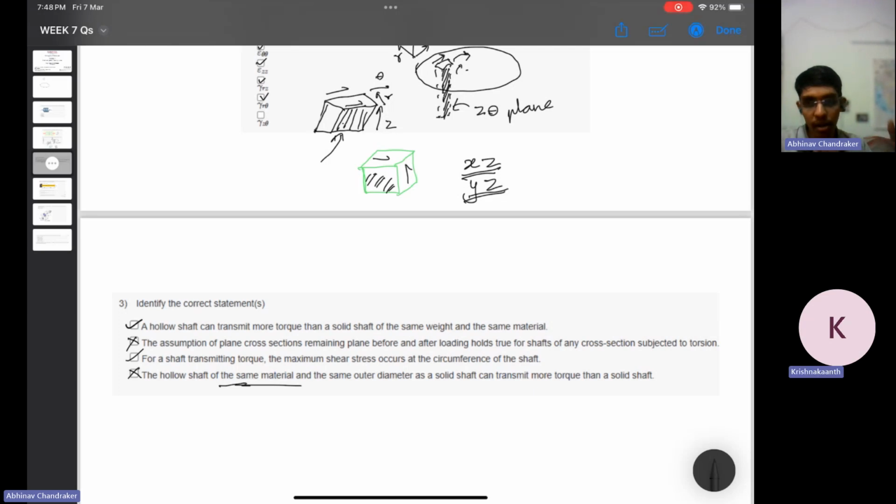So the outer part will have to accommodate more of that movement. Or you can say that all the stresses will get restricted between the inner and outer diameters instead of from the center to the outer diameter. Was I clear?